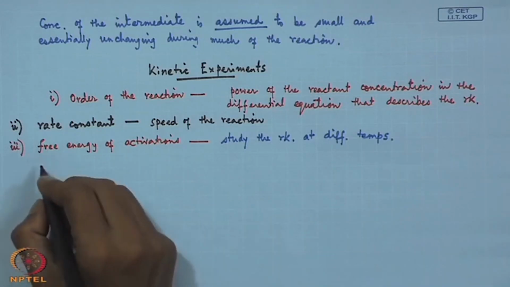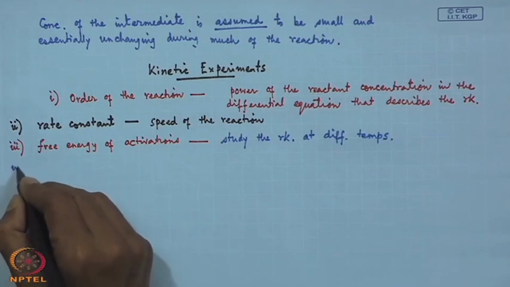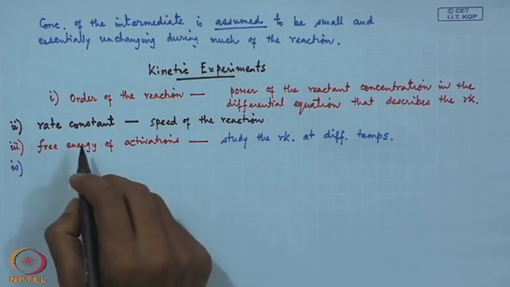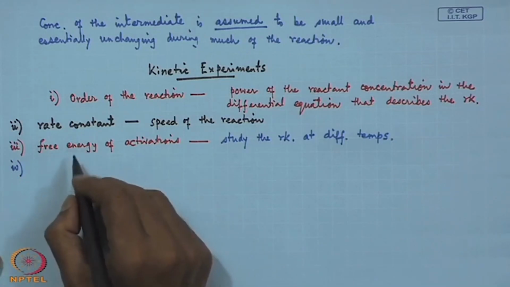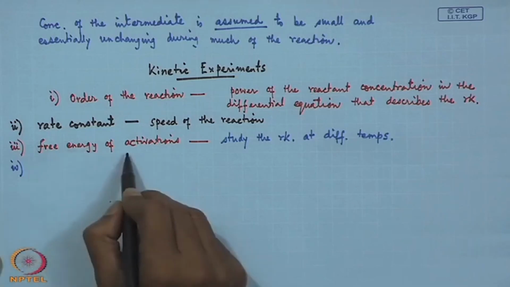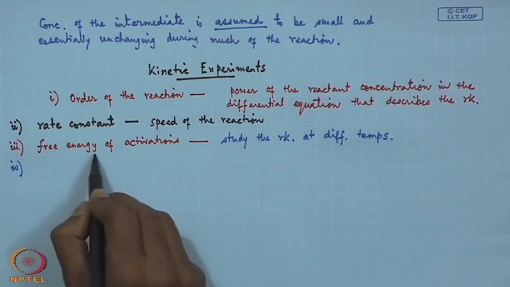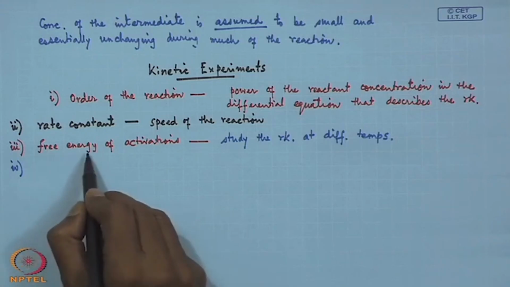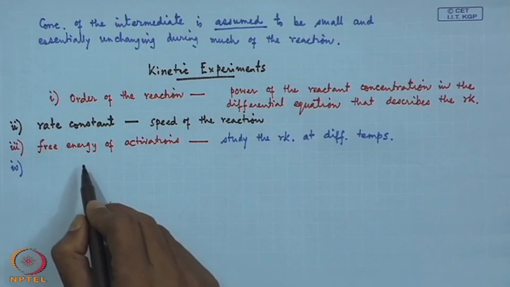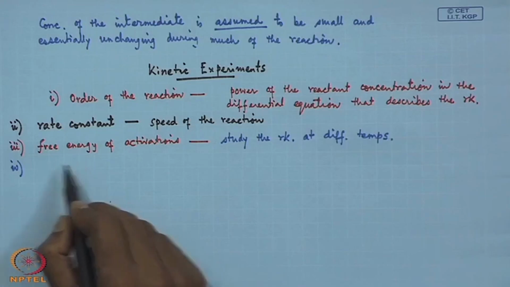And then another important parameter that we can determine is the heat of activation. We all know the free energy, the delta G, the change in free energy, has two components. One is the delta H term, another is the T delta S term.